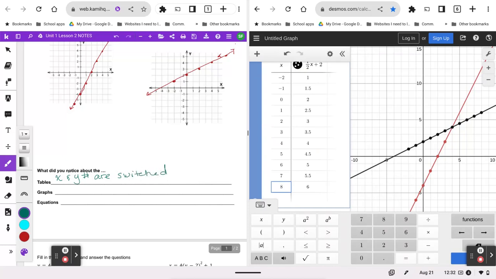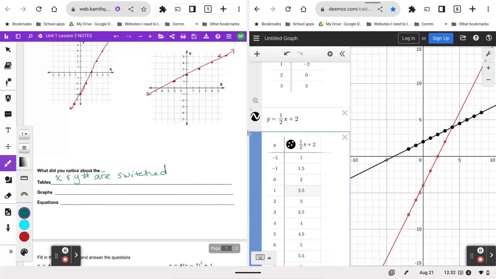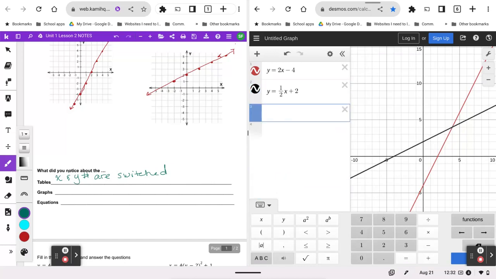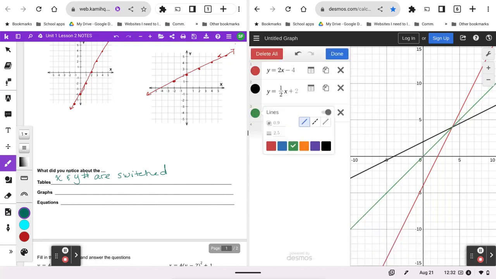Now the neat thing is, if we look at Desmos, I'm going to get rid of the tables for a minute so we have some room. The graphs are sort of flipped from each other. I want to change this to a dashed line.